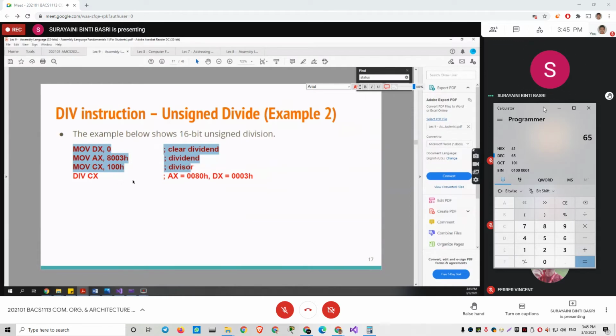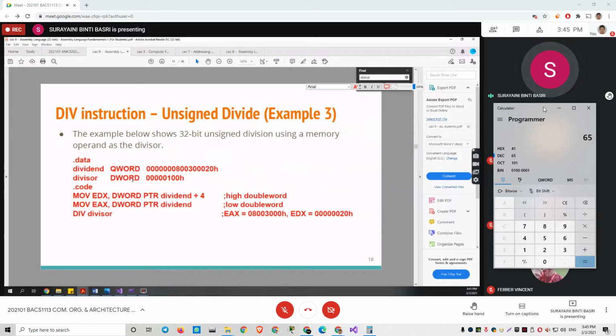Okay, for the 32-bit unsigned division, this is the example. This example is using variables. The qword is double the size of the divisor. Usually for unsigned, your dividend must be larger than your divisor.